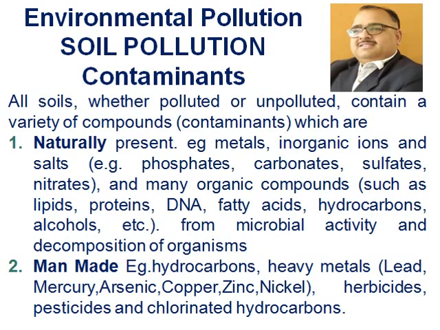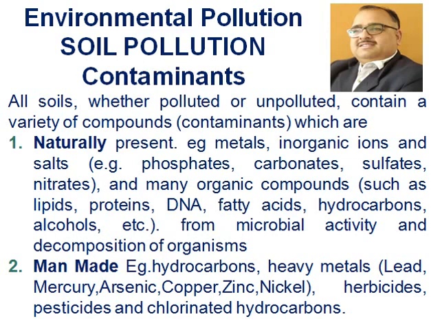So what are the different contaminants which are found in the soil? So there are basically two types of contaminants in soil, because the major portion of soil is contaminated with both man-made and naturally occurring things.